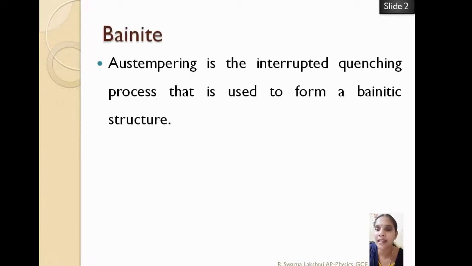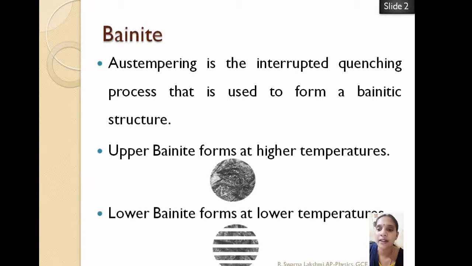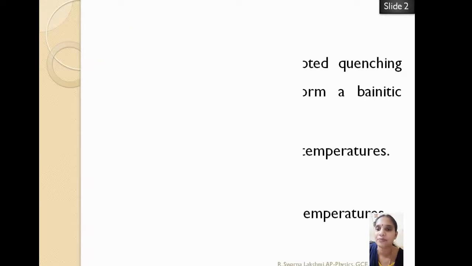If it is at a higher temperature, it is called upper bainite, and if it is at a lower temperature, it is called lower bainite. Austempering, that is interrupted quenching, is what results in formation of bainite.